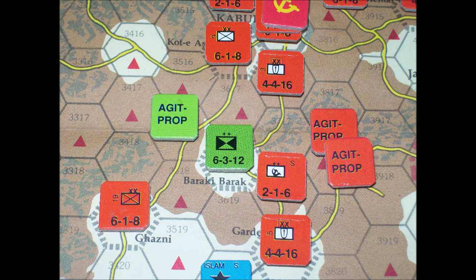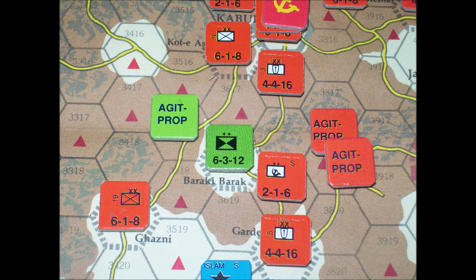When this defection happens, the unit is treated like an eliminated unit and taken off the map. But the communist player in this case could take a division and put it on its unreliable side adjacent to the hex where the unit defected from. So that is one of the possible results you can get from subversion attacks.